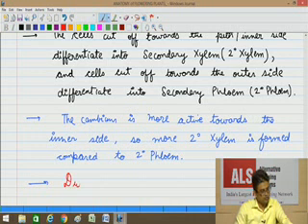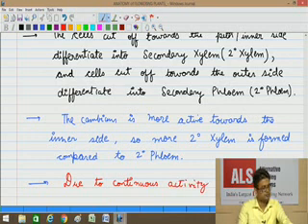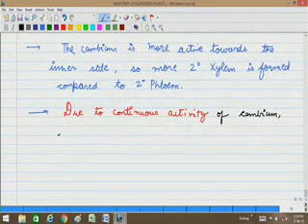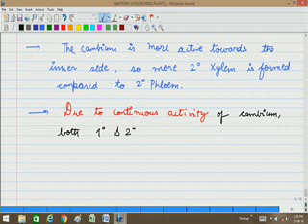Due to continuous activity of cambium, both primary and secondary phloem are crushed.